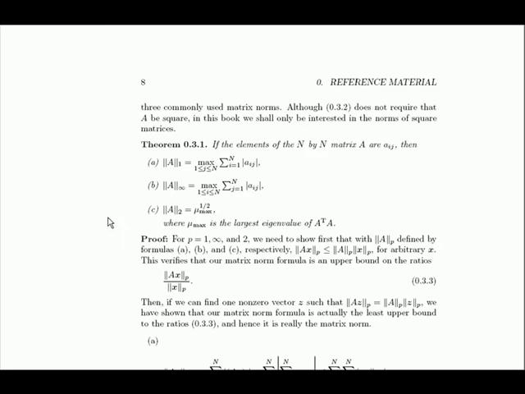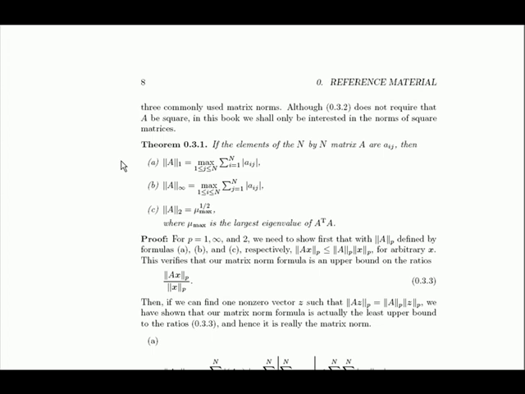It would be very difficult to calculate the 1 or infinity norm of a matrix using those definitions because it involves the maximum over an infinite number of vectors. However, theorem 0.3.1 gives us practical ways of calculating these three matrix norms and proves that they're equivalent to the definition.